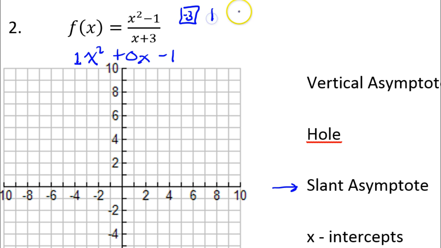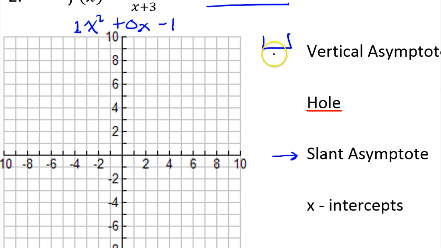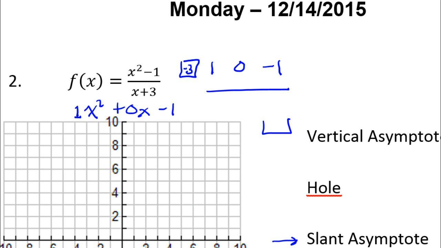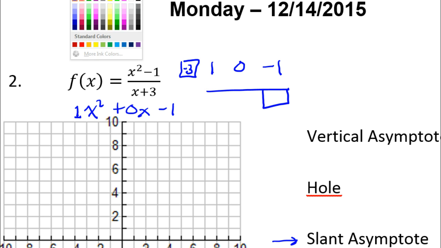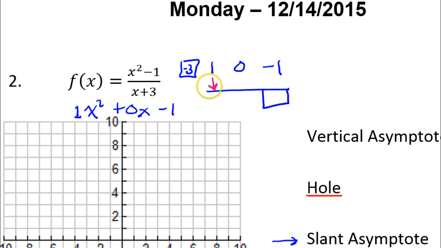So here I go, 1, 0, and negative 1. Okay, there's where my remainder goes. So here I go. I will bring down the 1.